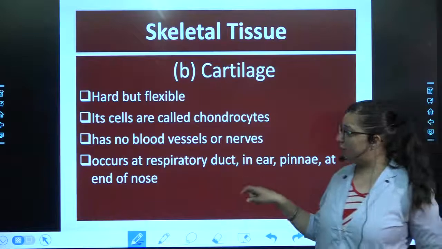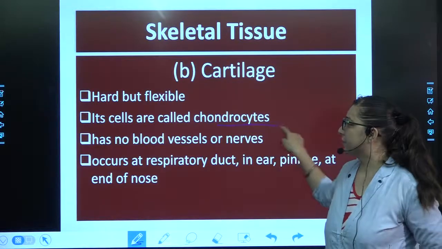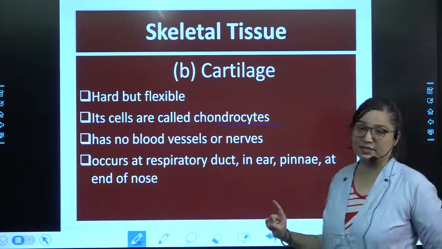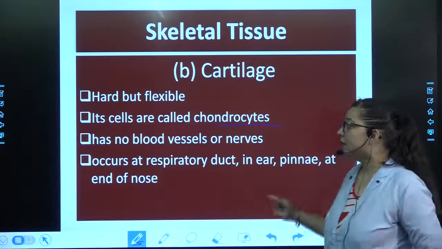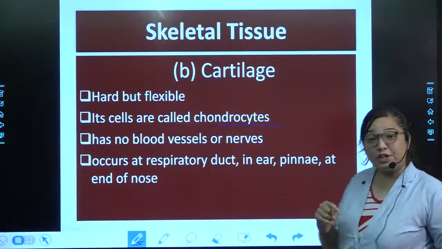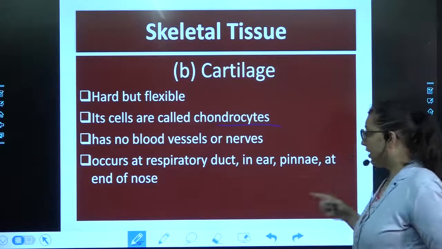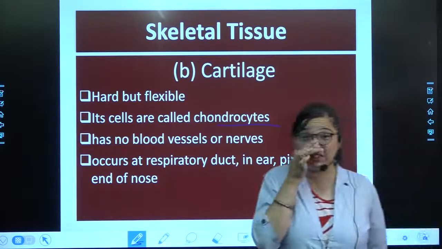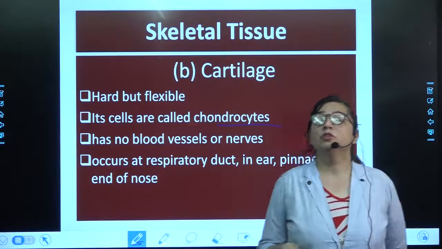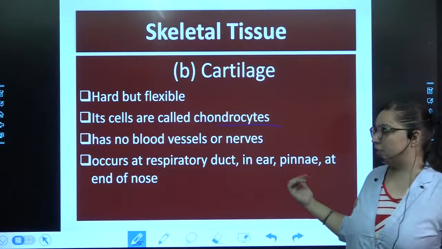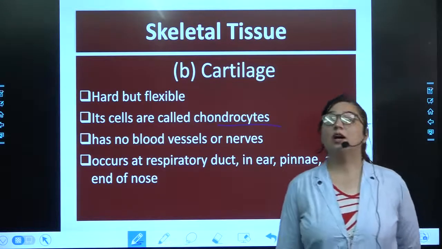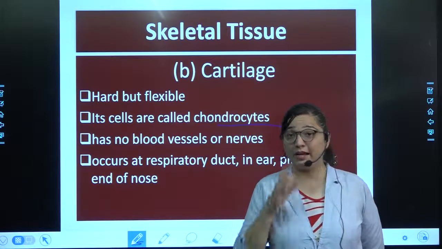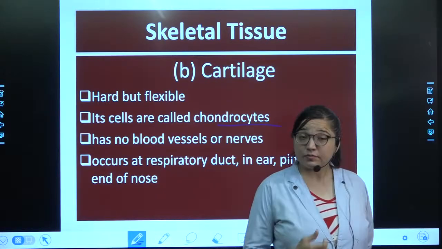Cartilage cells are called chondrocytes. They have no blood vessels or nerves. And it occurs in the respiratory duct, in the ear, that is at the pinna, and at the end of the nose over here. So these are the places where the skeletal tissue cartilage is found, and these are its functions.